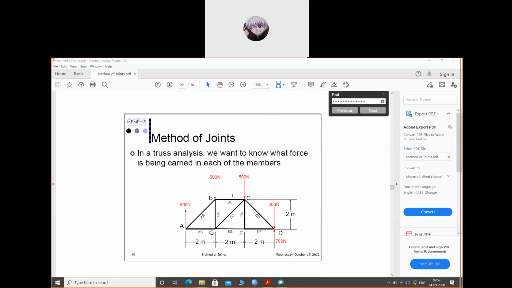Our aim is to find how much force is being carried by members like AB, BC and CE, so that our structure does not fail. Suppose I load a structure with 1000 Newton, are all the members balanced and carrying those loads or not? That is one objective of this work.